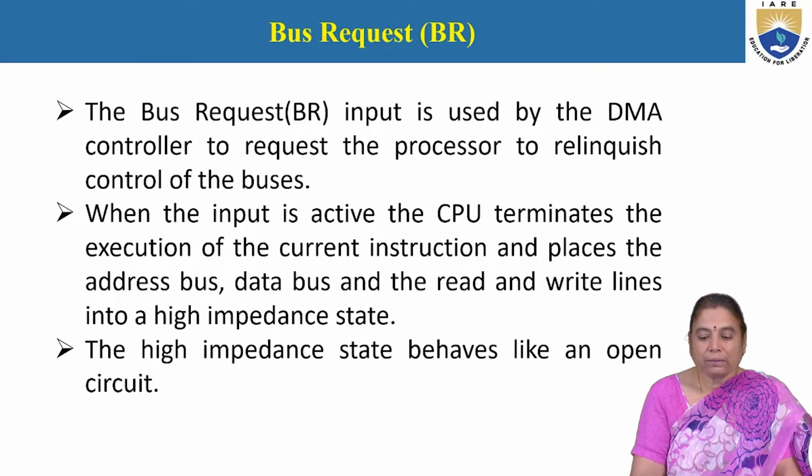When the input is active, the CPU terminates the execution of the current instruction and places the address bus, data bus and read-write lines into a high impedance state. The high impedance state behaves like an open circuit so that the DMA controller can take control of the buses and be involved in the data transfer.